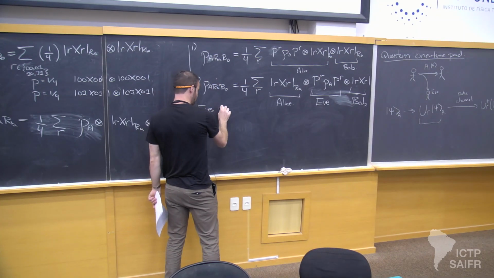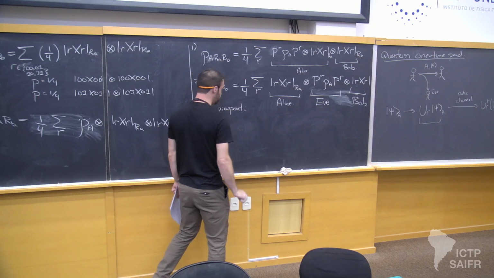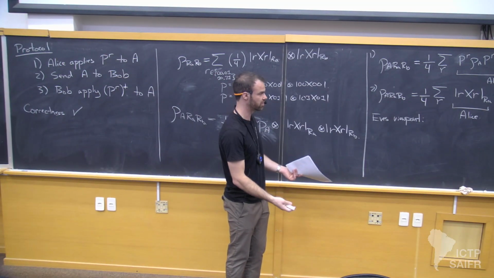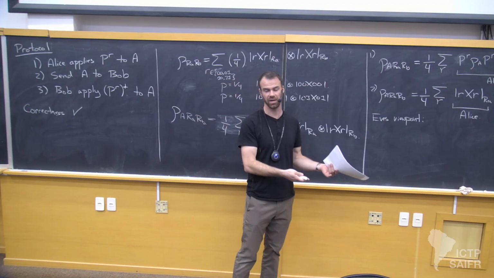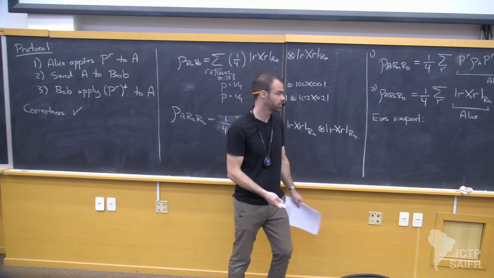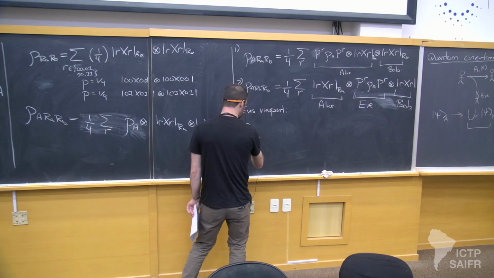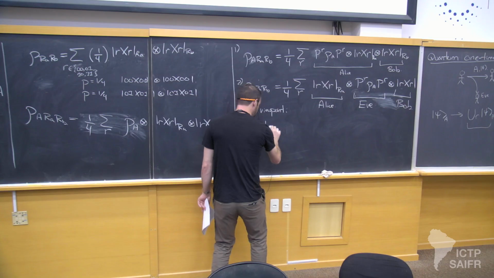So Eve's viewpoint, the way that we should describe that is we should use our partial trace, and we should get rid of Alice and Bob's systems to be left with the description of only what Eve is holding. So what we want to compute is rho A at this stage.